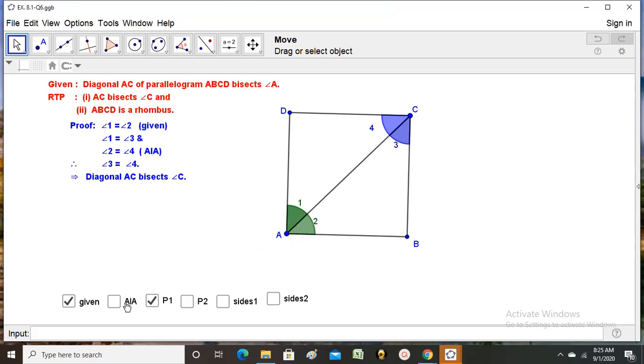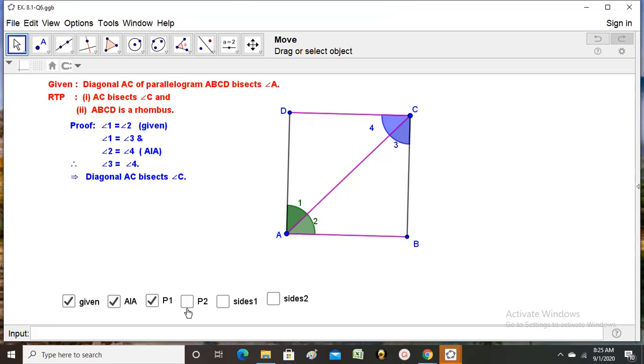These two are equal. And we also know that angle 1 equal to angle 3, because alternate interior angles. You can see now, observe, I colored them. 1 and 3 are equal. 2 and 4 are equal, because they are pairs of alternate interior angles.